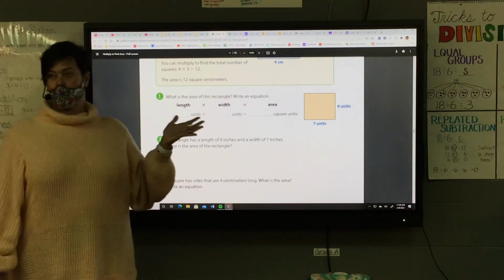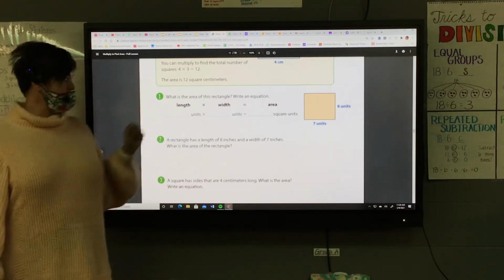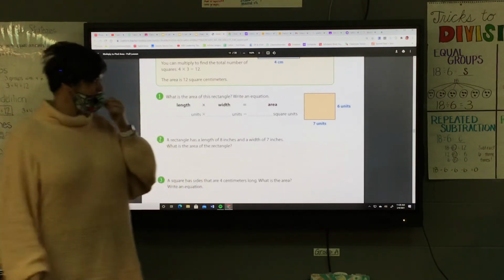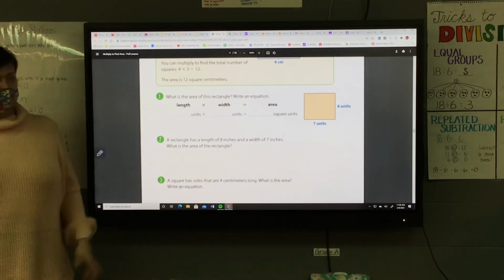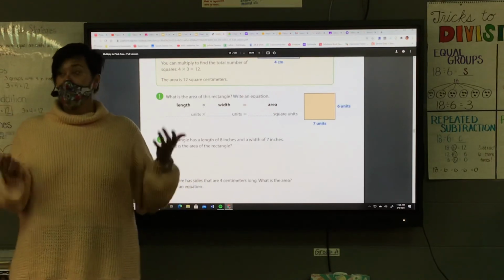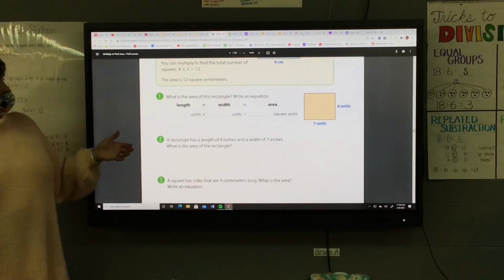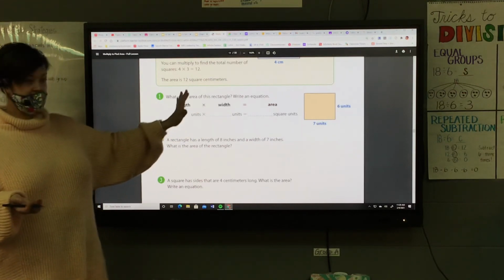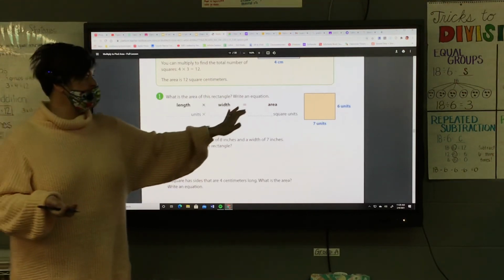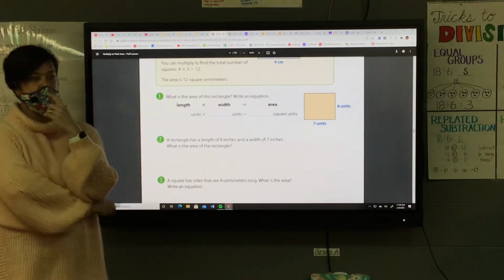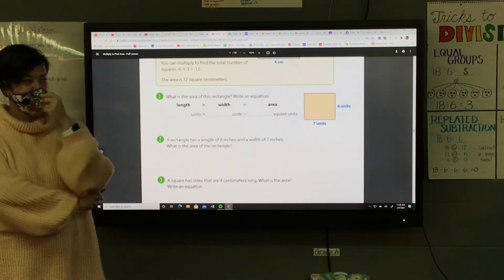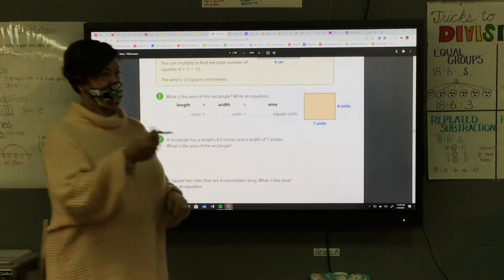Write it down. What digit did you write down? 7. 7 times the width. Write the width down. What digit did you write? 6. 7 times 6, length times width, equals, do you know? Yeah. 7 times 6.